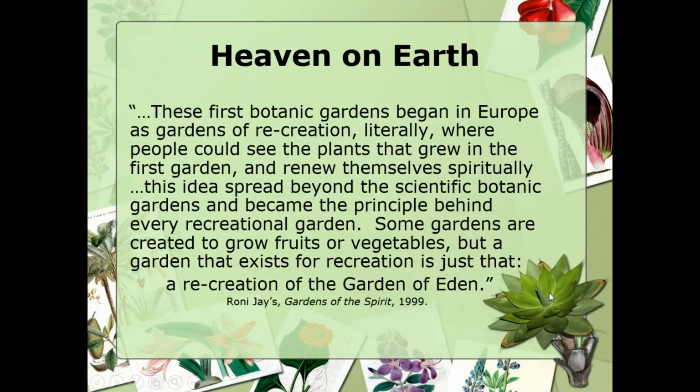These first botanic gardens began in Europe as gardens of recreation, literally where people could see the plants that grew in the first garden and renew themselves spiritually. This idea spread beyond the scientific botanic gardens and became the principle behind every recreational garden. Some gardens are created to grow fruits or vegetables, but a garden that exists for recreation is just that, a recreation of the Garden of Eden.